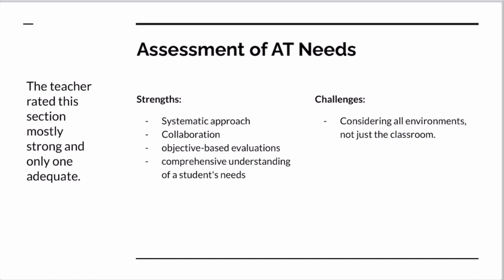This is more like objectively looking at the situation, and comprehensive understanding of a student's needs, not just basing it off of surface level, here's where they're struggling, this is what works. And then their challenges are considering all environments, not just the classroom. So they tend to just look at the classroom, whereas it would be a lot more useful if they considered home environment, maybe the playground, the library, all the different areas that the child is during the day.